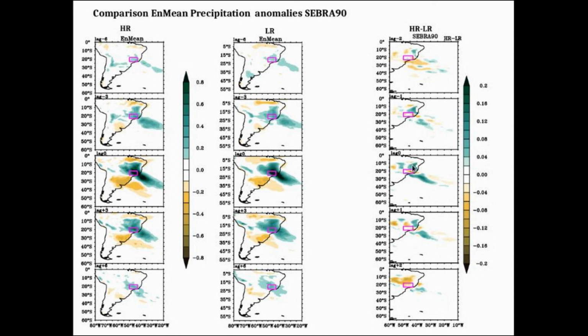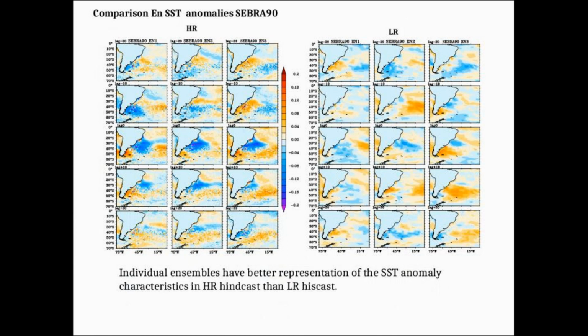So you can see that there is still a better representation in the high resolution, though the magnitude improved largely. But this dipole of two precipitation centers, one over the land and one over the ocean, is prominent in the high resolution, and low precipitation in the coastal region.